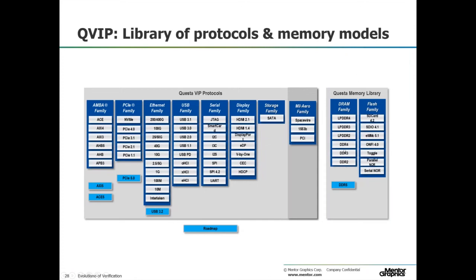So if you are using DDR memories in your design, and your vendor is not providing a good model for those memories, you can pull these, drop them down, and they will act like a lot of different memories.